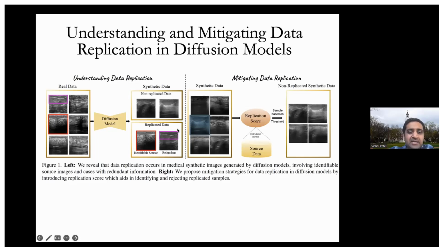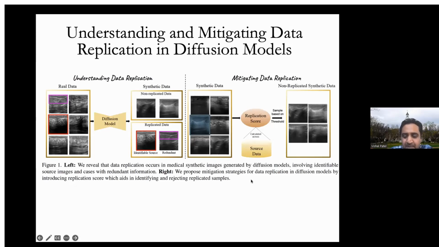So how do we characterize these types of images when it comes to medical imaging? And if we know which images are replicated, can we come up with a mechanism to remove them? In other words, come up with a way in which we don't use these replicated images, or images which are not useful to us in terms of improving the segmentation.